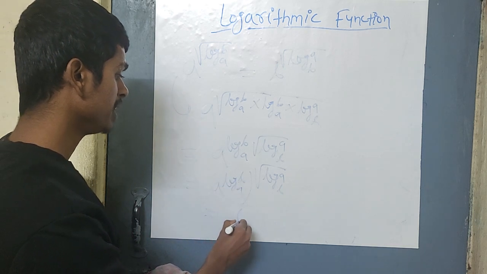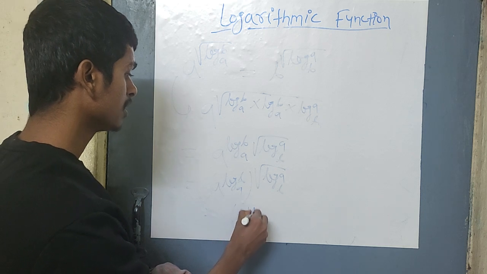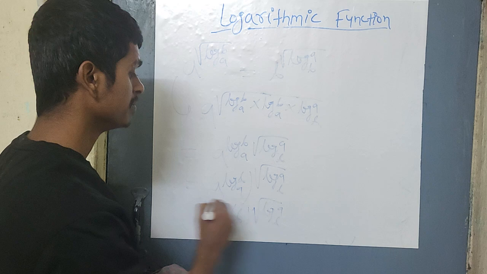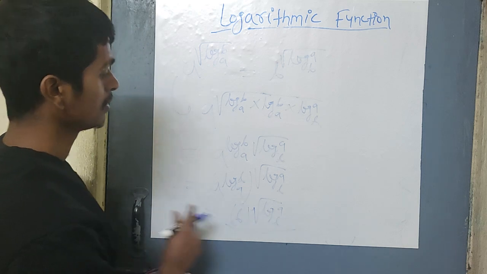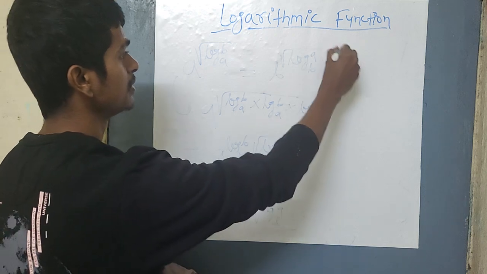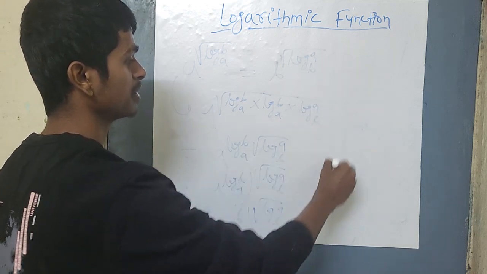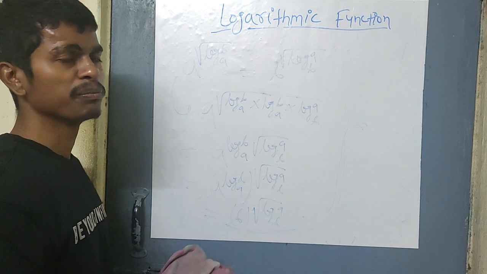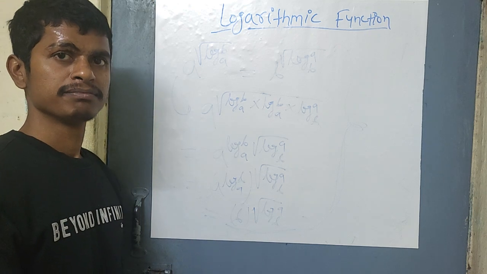We will have only b, and it will be b to the power root under log a with base b. This we have in the right hand side. So this is also a very important property. We can use this property to simplify questions. Okay, thank you.